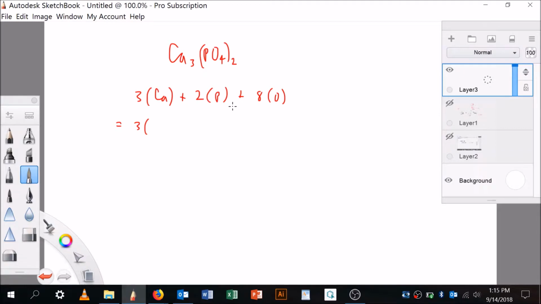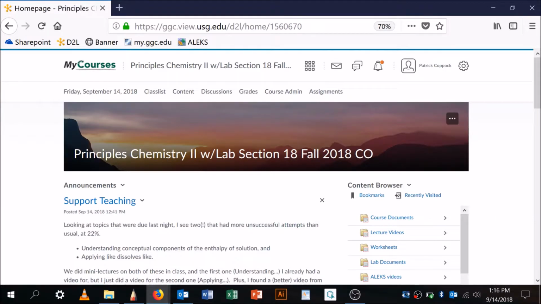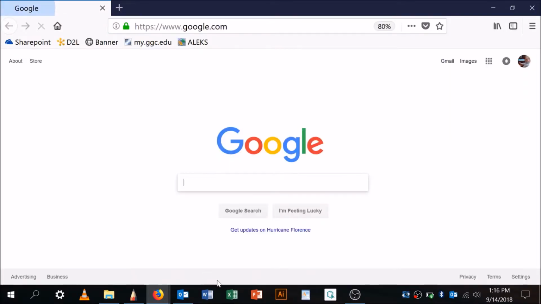I gotta look this up. I don't even have this in front of me. What am I doing? I should have started out with this. Let's go to the periodic table. I'm tempted to Google the formula weight of calcium phosphate.